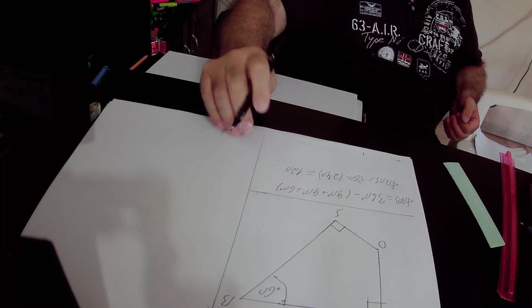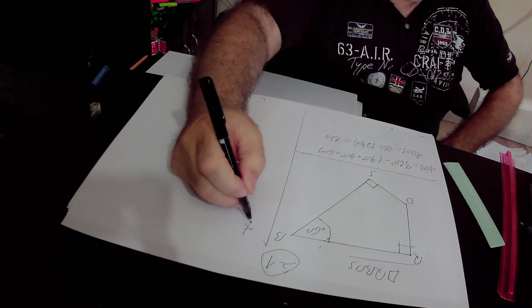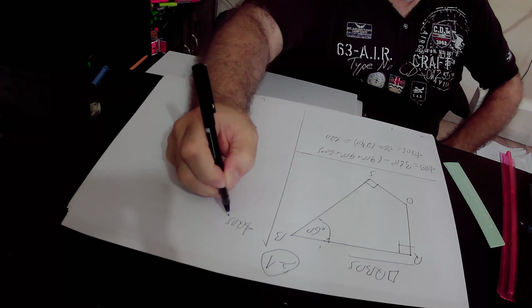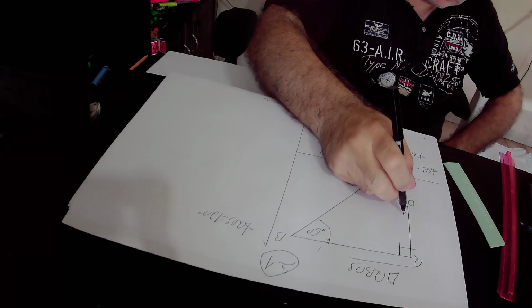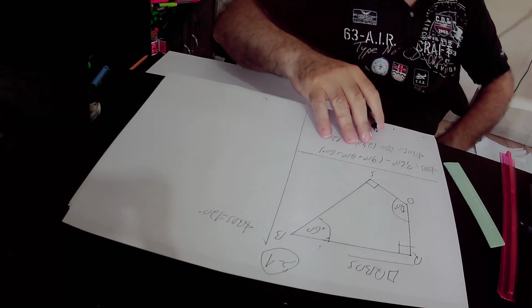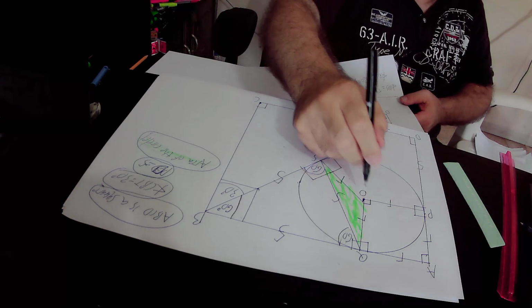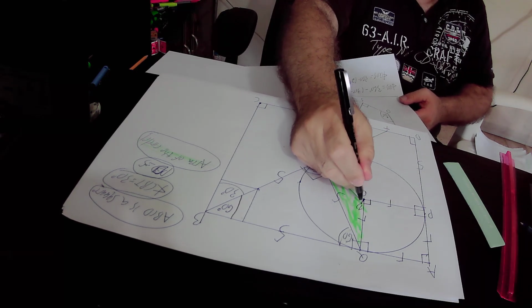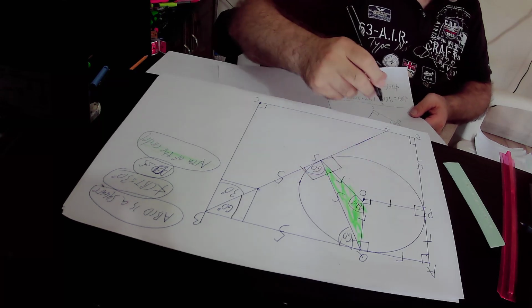So we found out that the missing angle QOS is equal to 120 degrees. So here angle QOS equals 120 degrees.